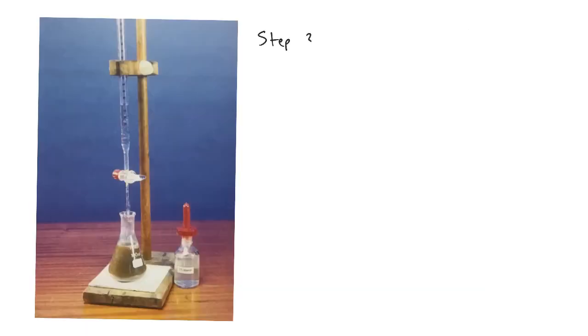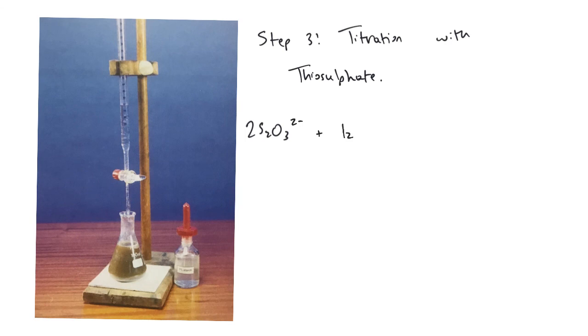Step 3 is we're going to titrate that resulting mixture with thiosulfate. Now, the reaction occurring in this titration is 2 moles of thiosulfate added to 1 mole of diatomic iodine, which provides us with the following products.